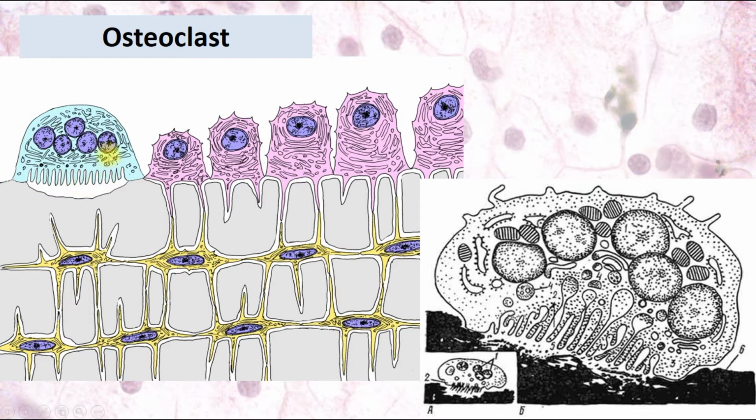So why do we need this bone resorption? During our entire life, bones undergo remodeling. New parts of the bone matrix are produced, and old parts of the bones are destroyed. So it's called rebuilding or bone remodeling.